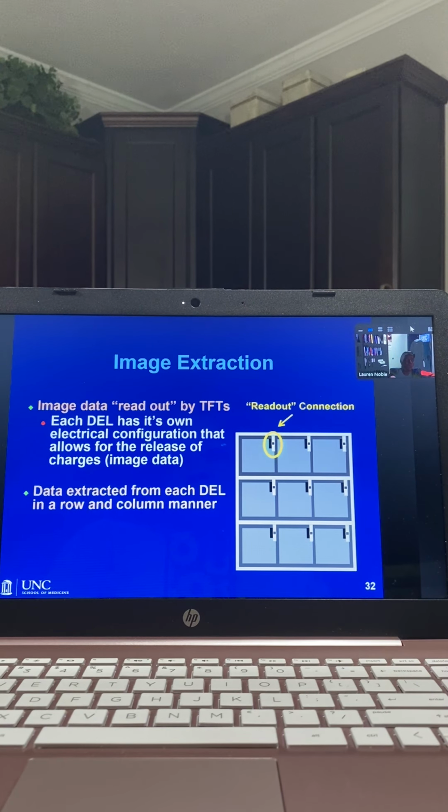And we will come back to this point with what happens to the electrons once they've been read out of the flat panel detector, because that's not the end of the story yet. We have to see what else happens to the charges. But for right now, we're just looking at the composition of the detectors and how these charges are acquired and extracted. Then we'll pick up from this point later on.